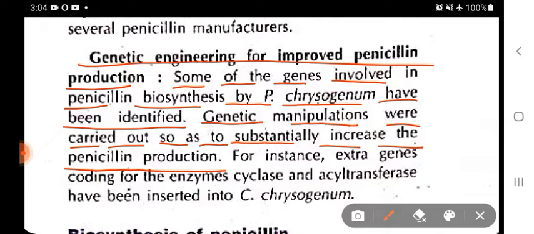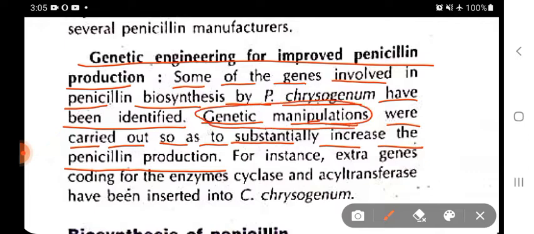Genes are essential segments of DNA that are capable of coding for proteins, for enzymes needed for cellular processes to occur. So they have identified what the genes and enzymes responsible for penicillin production are. And by studying those genes, we can go for genetic engineering.